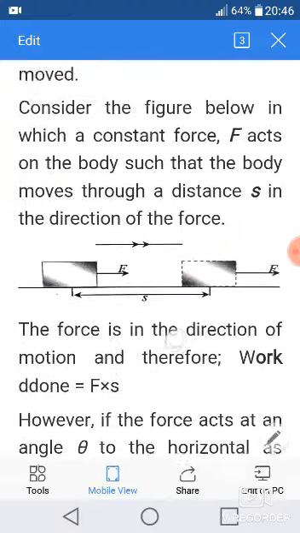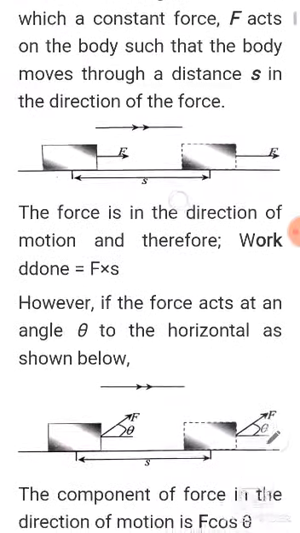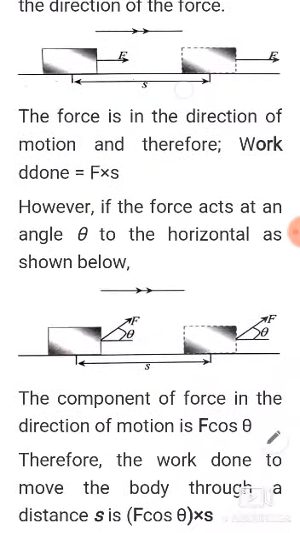Then when we come to the formula, we shall derive the formula from the definition. So work done is going to be the force applied multiplied by the distance moved, and this distance is moved always in the direction of that force.